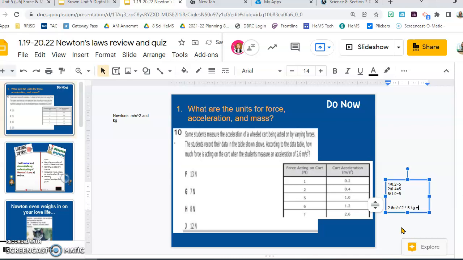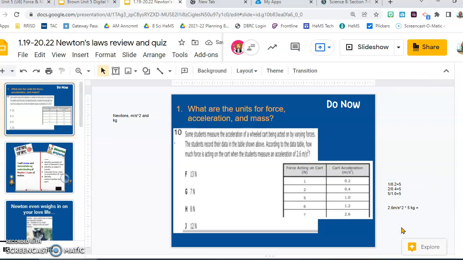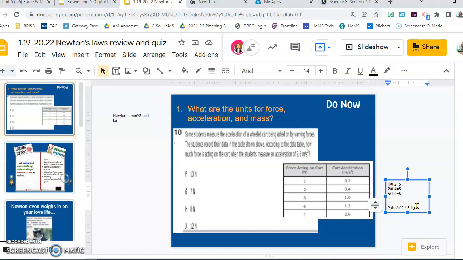When we put it in a calculator, that actually comes up with 13 newtons. And we just circle that answer.